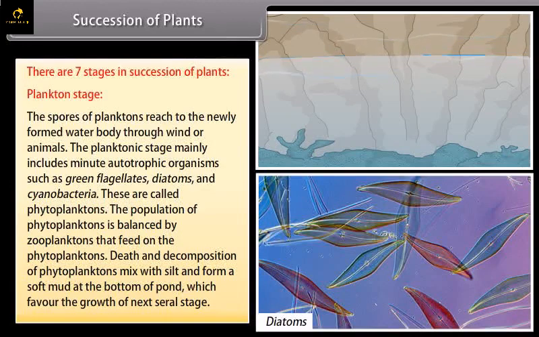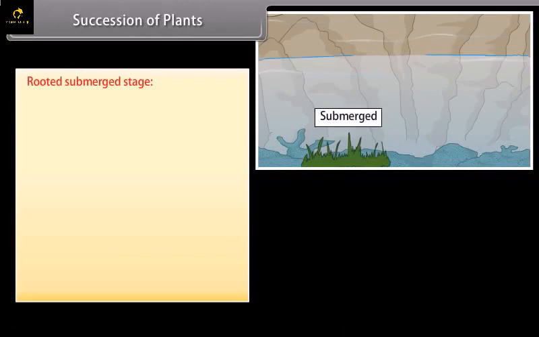These are called phytoplanktons. The population of phytoplanktons is balanced by zooplanktons that feed on the phytoplanktons. Death and decomposition of phytoplankton mix with silt and form a soft mud at the bottom of the pond, which favors the growth of the next seral stage.